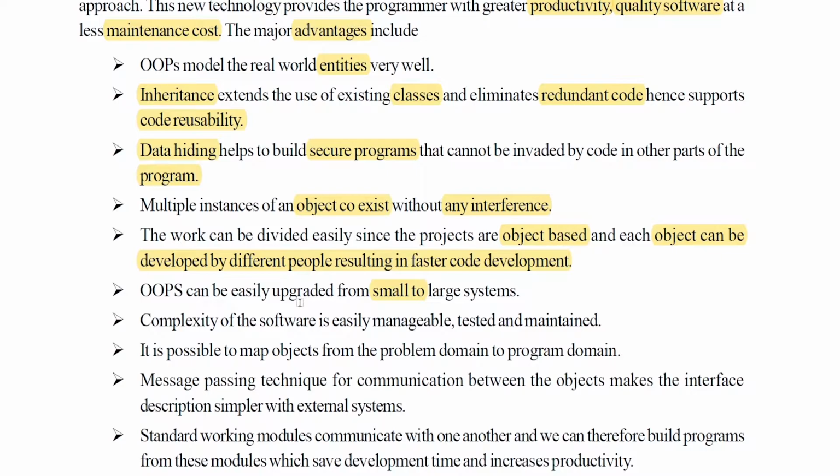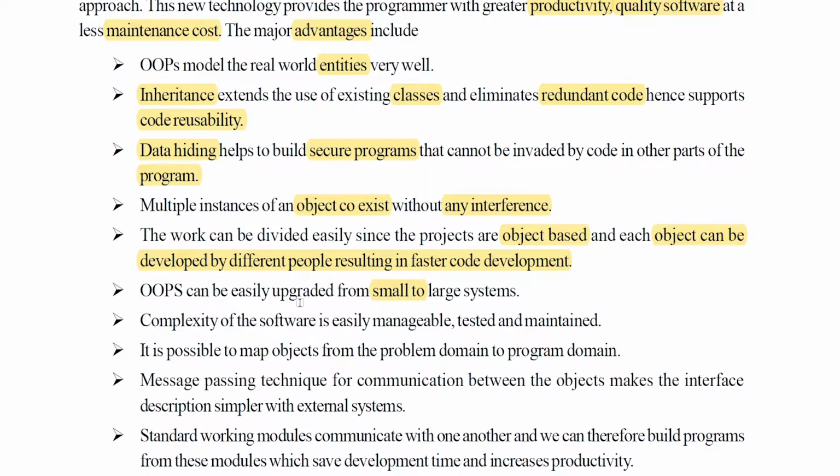I don't think this is strictly needed, because in other programming languages software can also be transferred from smaller to larger systems. They mention easily upgradable because the larger systems may support object oriented programming. That's why you can very easily upgrade and transfer from a smaller system to a larger system.